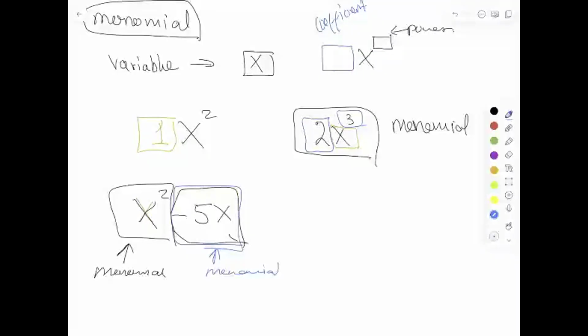If I have two of the same thing, we don't call this two monomials. We call this a binomial. And we see this in real life, right? We call it bipartisan.